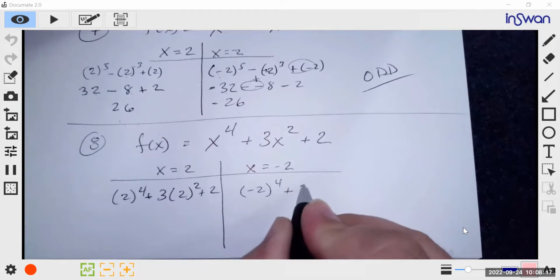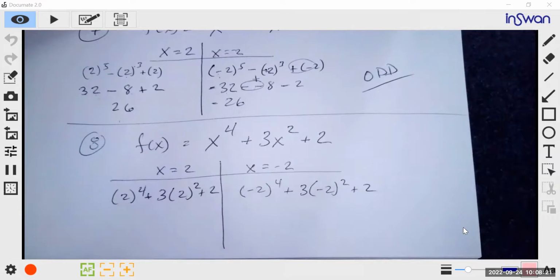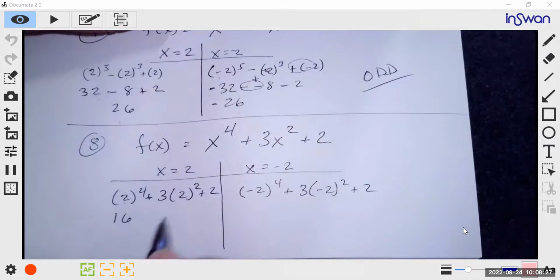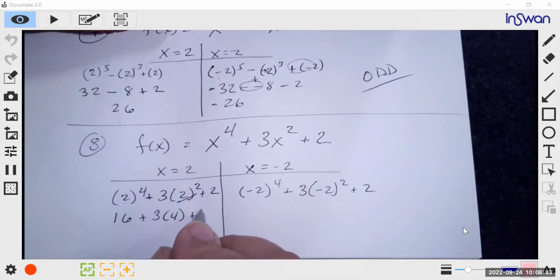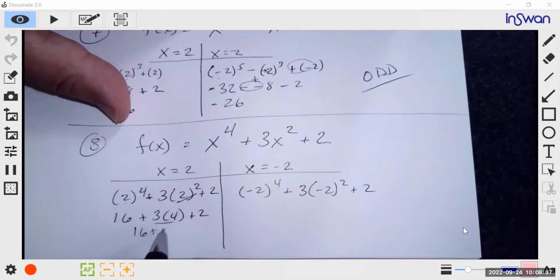Fourth. Two to the 4th, 2, 4, 8, 16. 2 squared is 4. 3 times 4 is 12. 16 plus 12 is 28, plus 2 is 30.